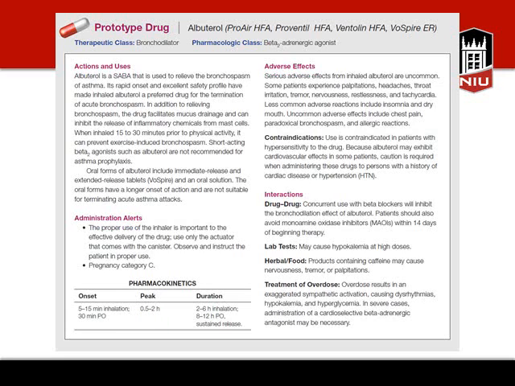Duration could be anywhere from 2 to 6 hours. It's important to note that if you have a patient that needs to utilize both a short-acting albuterol and a long-acting beta agonist, it's most important to have them go ahead and use their short-acting inhaler first.